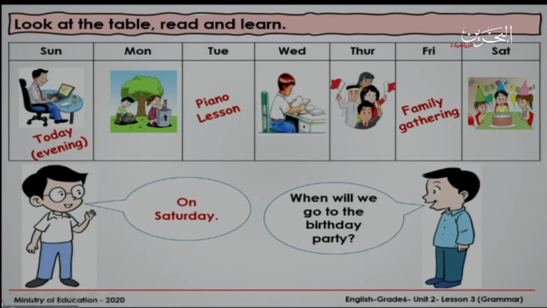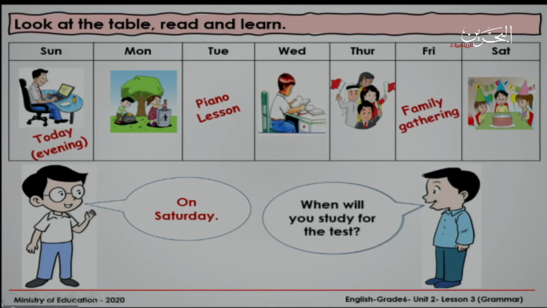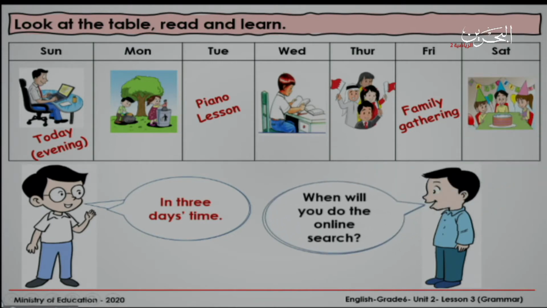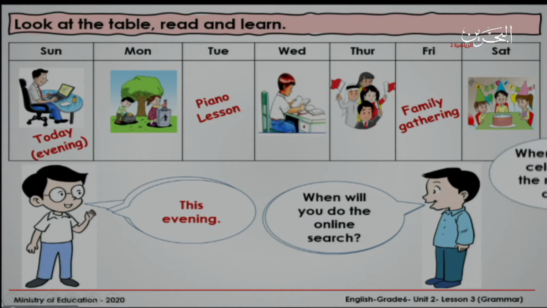See, there is a cake on Saturday. When will you study for the test? In 3 days' time. When will you do the online search? This evening, or we can say today.